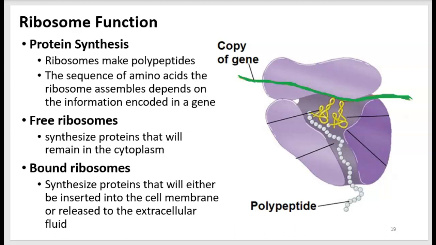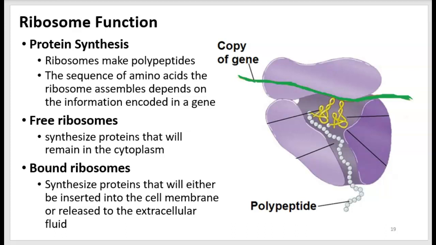And that gene codes for a particular protein. So now the ribosome is reading it, and it will assemble a polypeptide according to the instructions of that gene. And in the picture, the polypeptide that's being made looks like a pearl necklace, white circles.